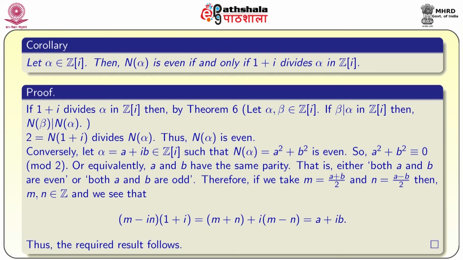So, that means (m minus ni) into (1 plus i) is equal to a plus ib. That means that 1 plus i divides a plus ib, which is alpha. So, we proved the converse part as well.